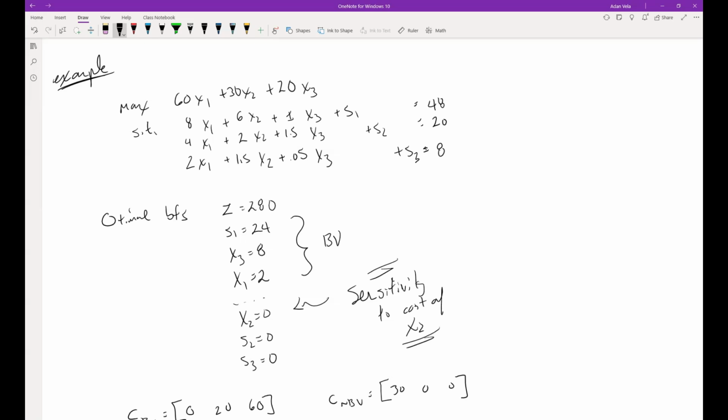So we're looking at what happens if we change this parameter. Before it was 30, but what if we made it bigger or smaller? What would happen?